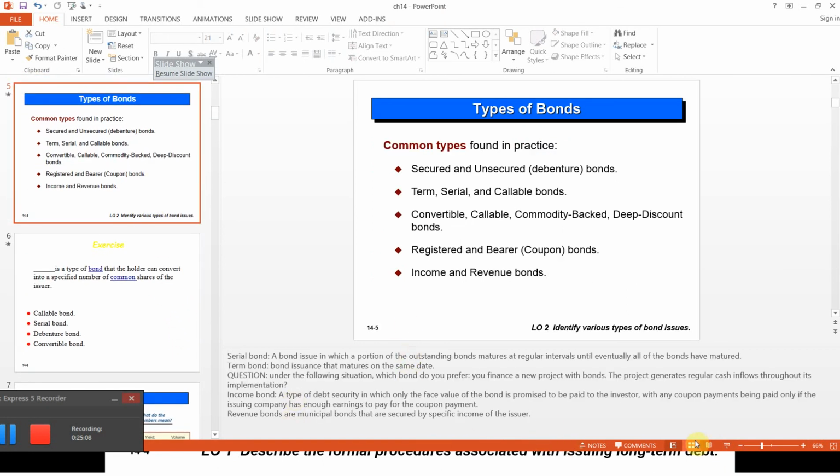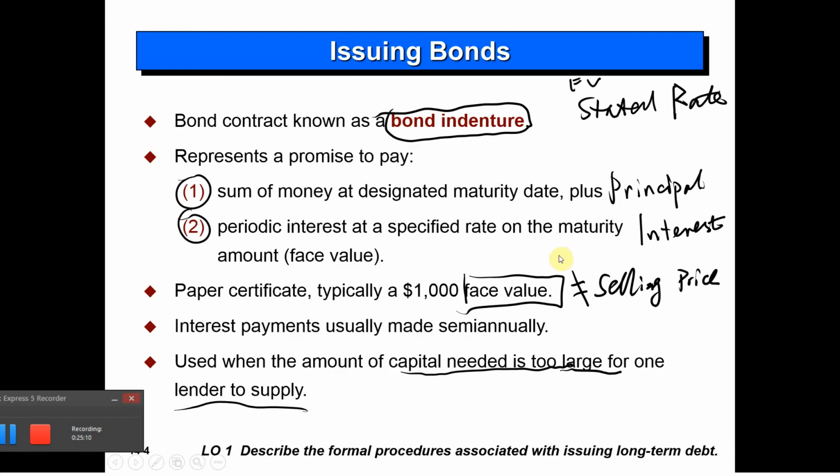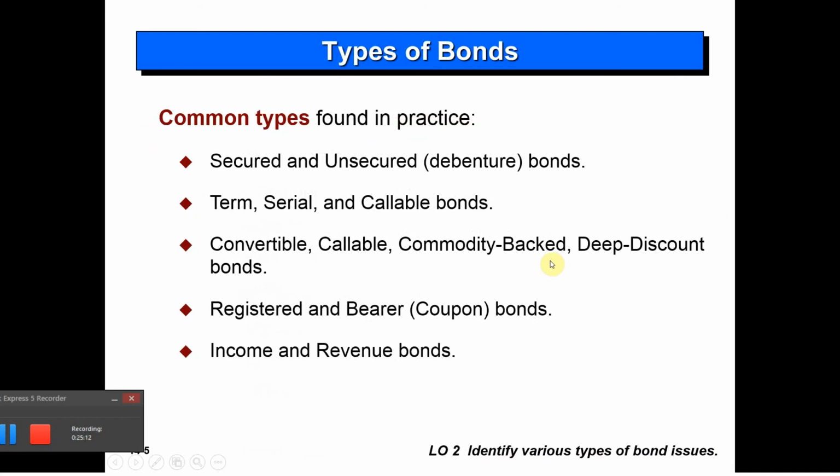Now let's take a look at the common types of bonds. There are different types of bonds in practice. Secured and unsecured bonds. Unsecured bonds are also called debenture bonds. So what is the difference between secured and unsecured bonds? Very simple.